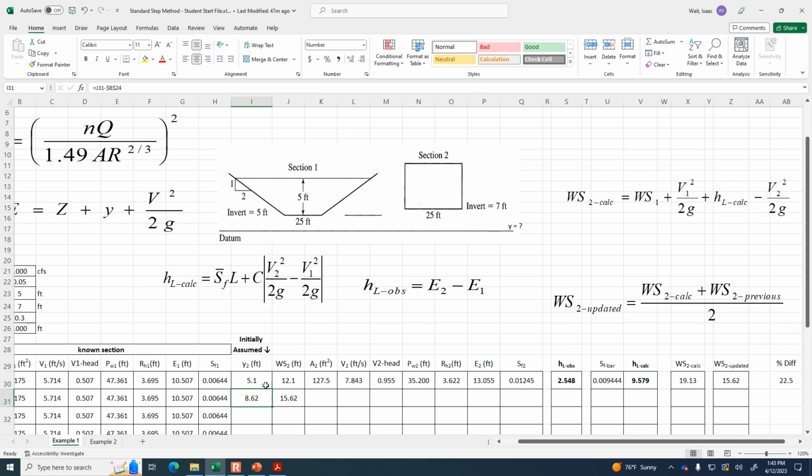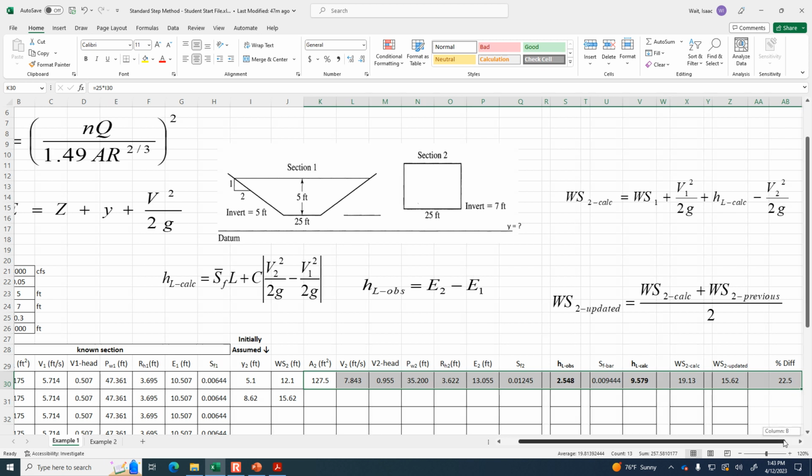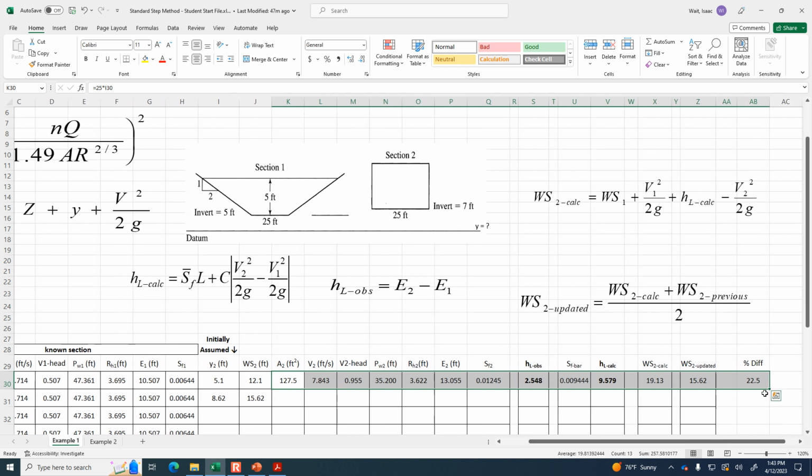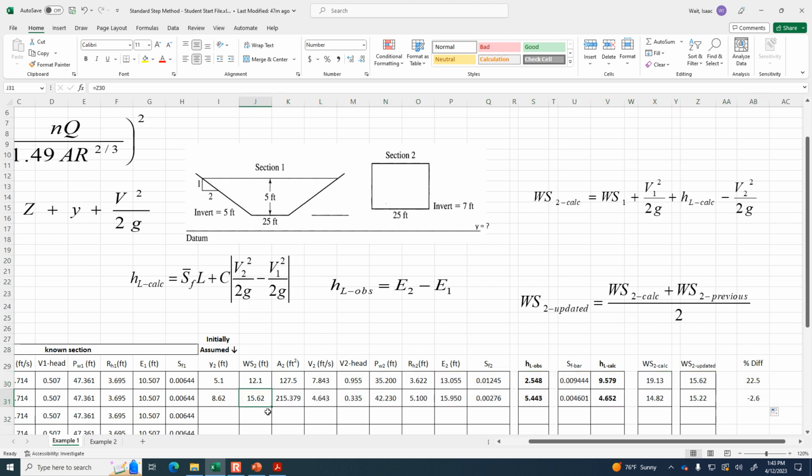Now, I think this is where the beauty of automation kind of takes off for us. We can just select all of this and drag down. And so let's look at what it did. So we said set the new guess based on the output of the last iteration.